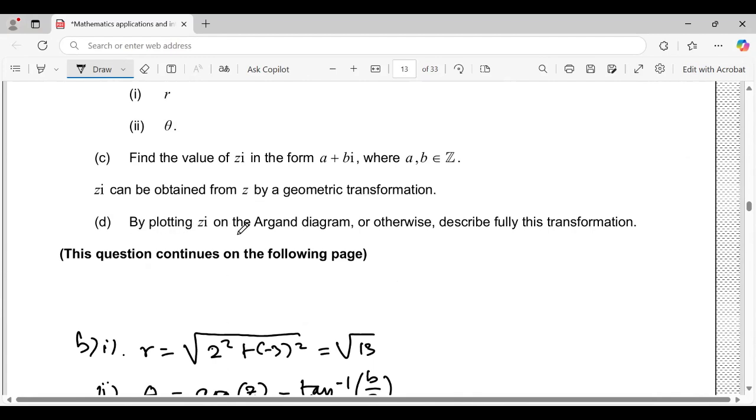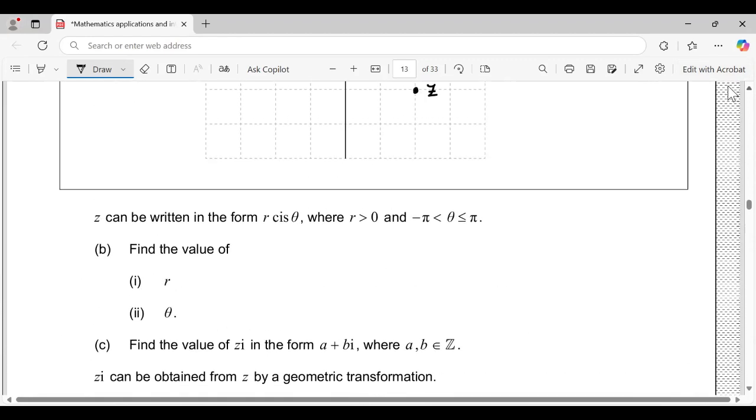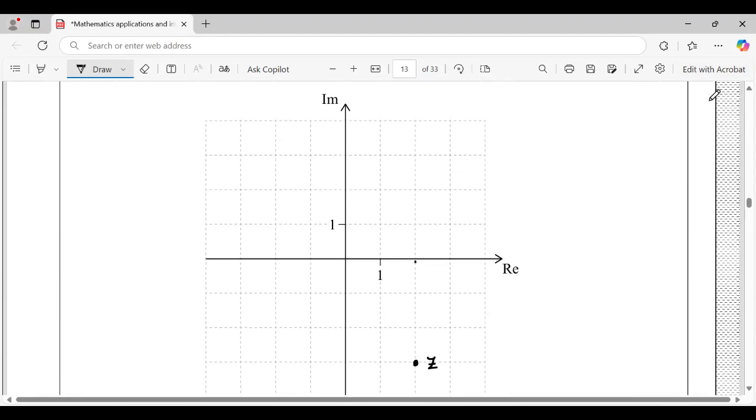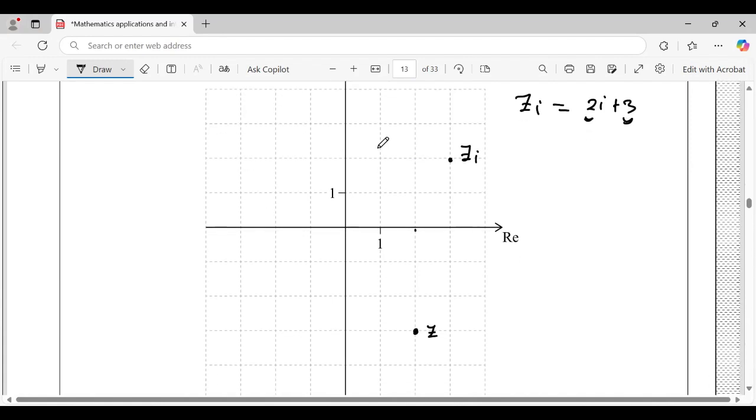By plotting Zi on the Argand diagram, or otherwise, describe fully this transformation. On the Argand diagram, Zi is 2i plus 3, so the imaginary part is 2 and the real part is 3. This is Zi.